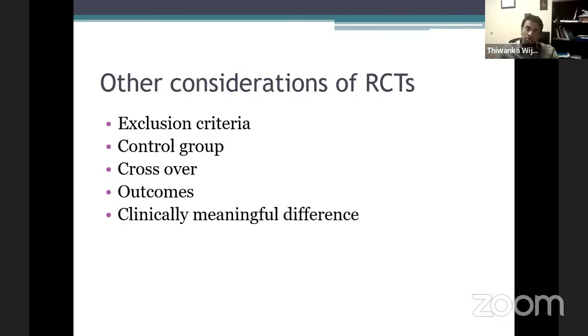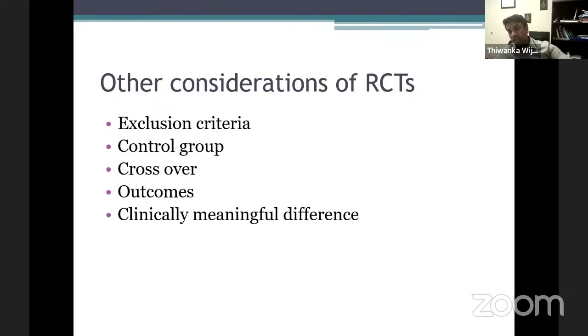Crossover is also important. So what crossover means is if you're doing treatment A to a group and then down the line moving then to a treatment B, that's called a crossover design. And again, I won't go into too much detail, but I'm sure this is relevant in ICU literature as well, where you have patients on treatment A, move them to treatment B after some time. That helps manage when your sample sizes are actually quite small.